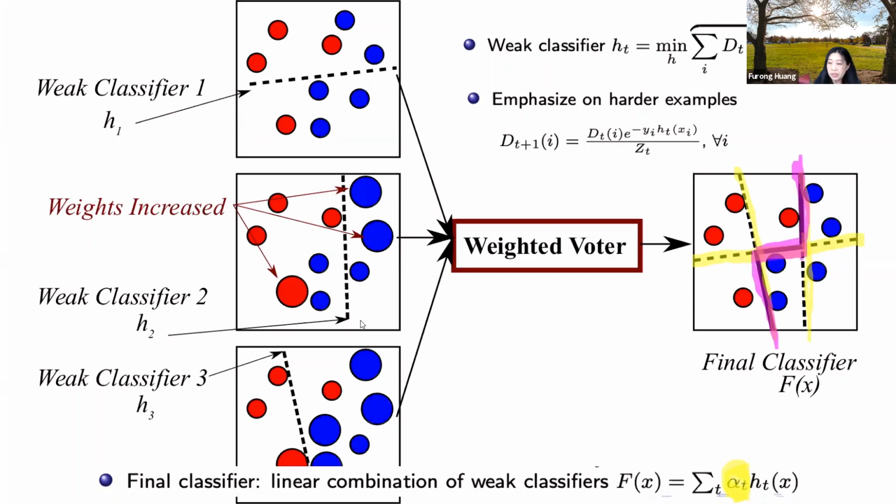You can see this alpha t is very important, because if you don't select alpha t in a good way, you might end up with, for example, this one, which is not a very good strong classifier. So basically, I've talked about the basic idea behind AdaBoost: you adaptively put weights on harder examples, and you combine the weak classifiers in a smarter way, using weights calculated from the previous steps.